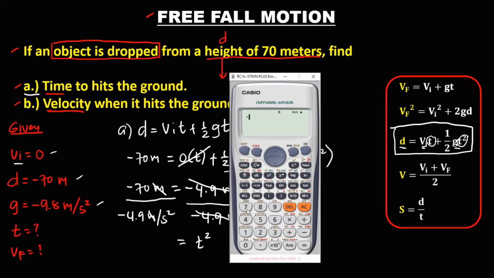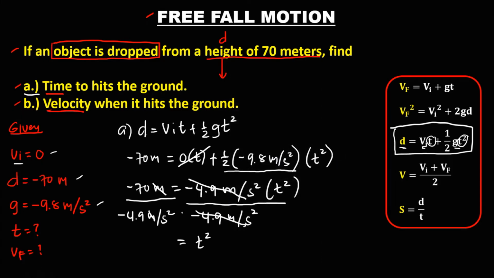So negative 70 divided by negative 4.9 equals 14.29 seconds squared.